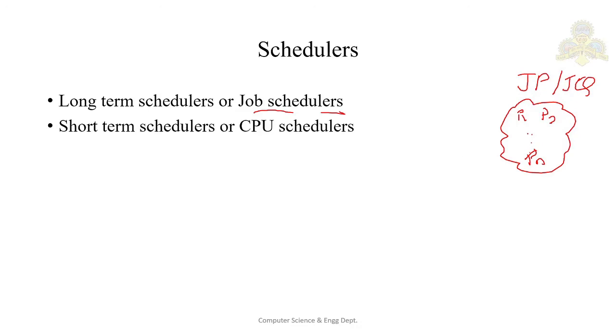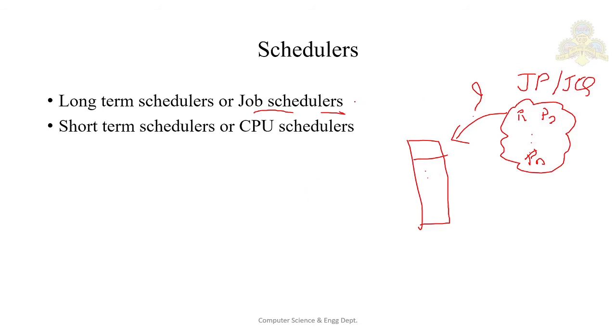Now we already know that these processes or programs have to be moved to the main memory for execution. Who is responsible for this action? Who will select the processes from this job pool or job queue, so that the selected processes or programs will be loaded into the main memory?